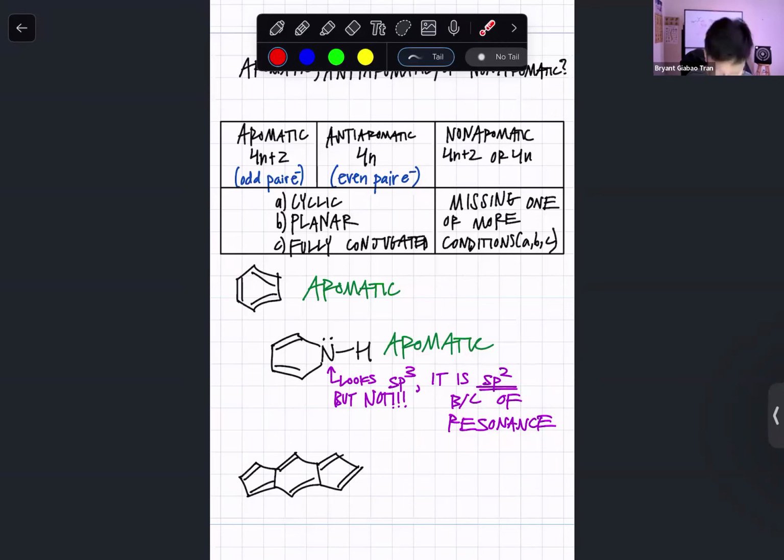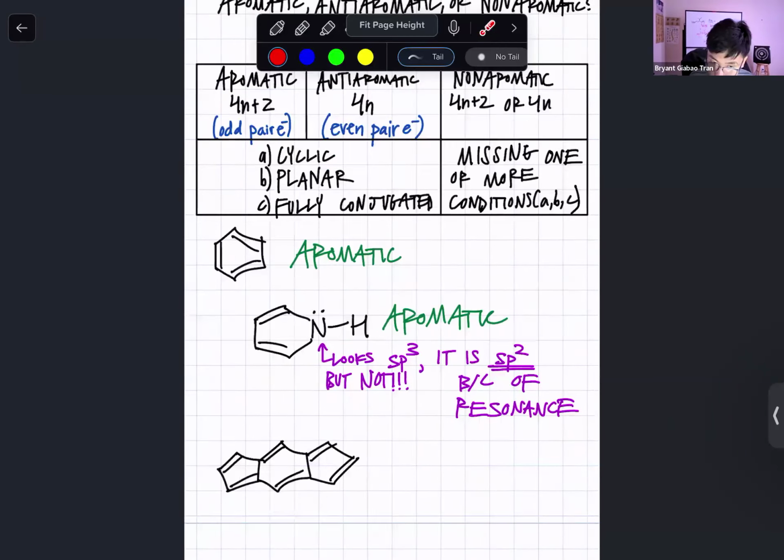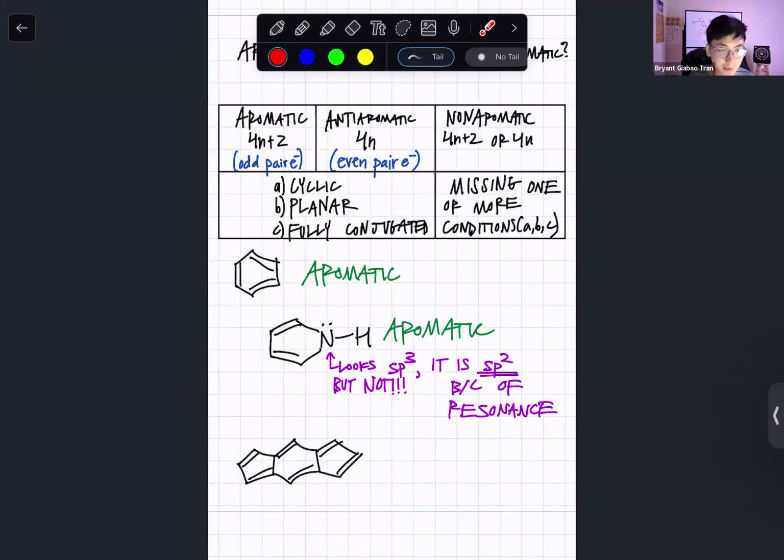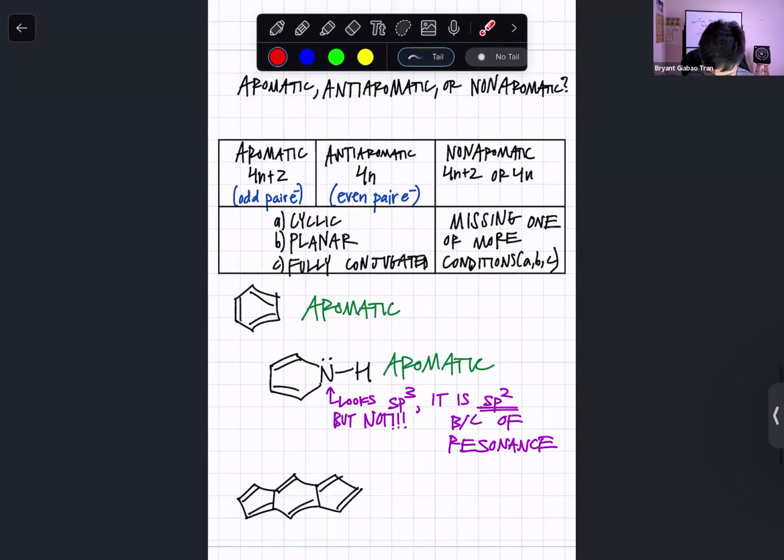Okay, so this molecule here, did you guys answer for this one yet? Or if not, we could walk through this problem too. Is this molecule aromatic, anti-aromatic, or non-aromatic?